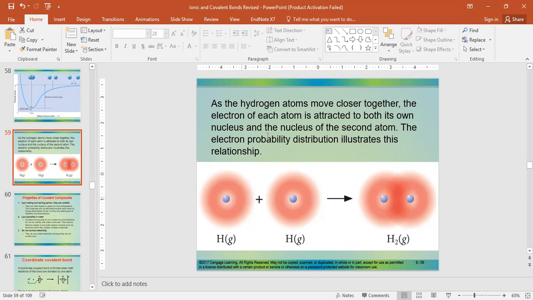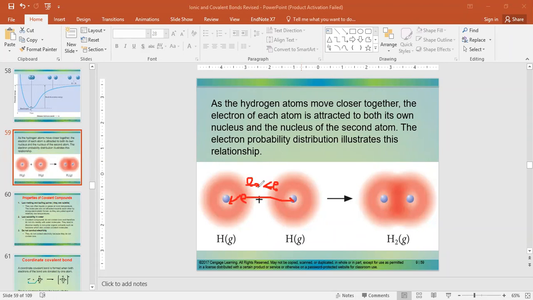The electron here is being attracted to the proton here, and it is being attracted to the proton here. Those are competing forces. And the same electron here is facing the same. Now, as they come closer to one another, there is an electron here and an electron here that are coming closer.